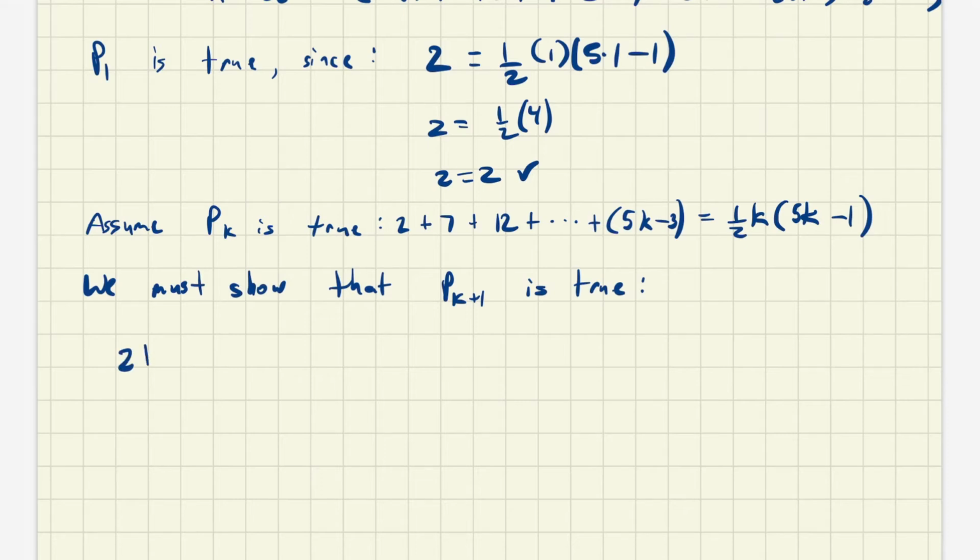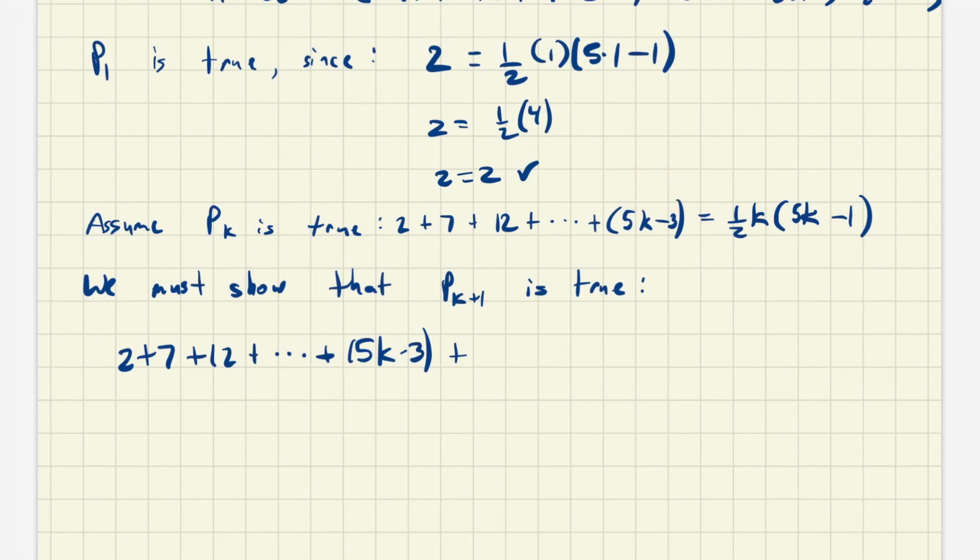Always write the k term first, and then the k plus 1 term. So this is the k term, 5k minus 3, and then for the k plus 1 term, you replace the k with k plus 1 in parentheses. So now you're going to have 5(k plus 1) minus 3.